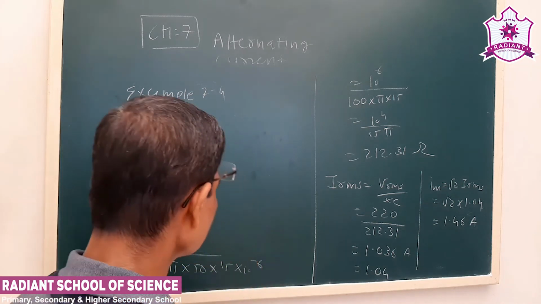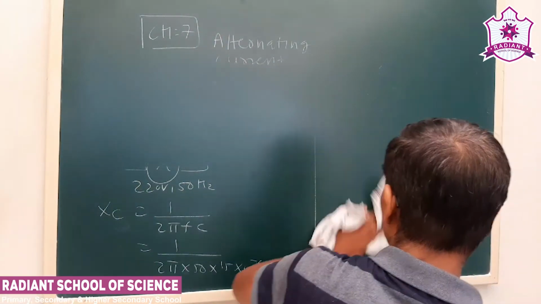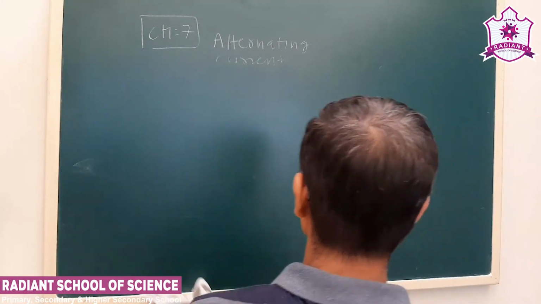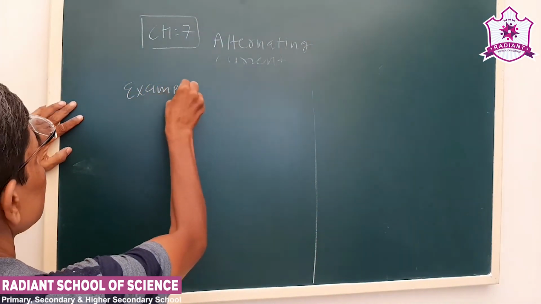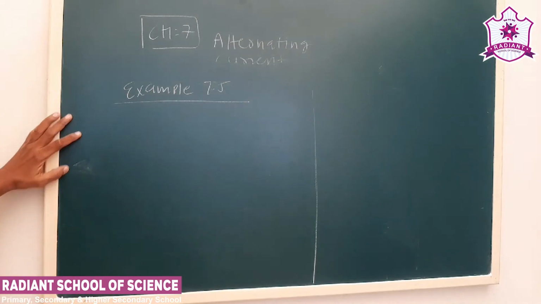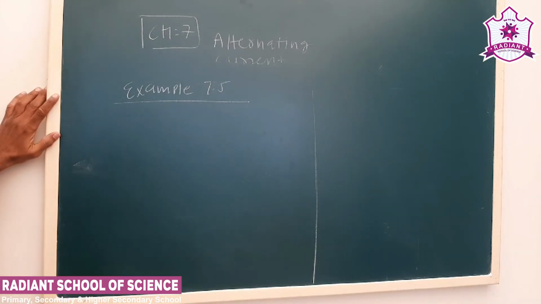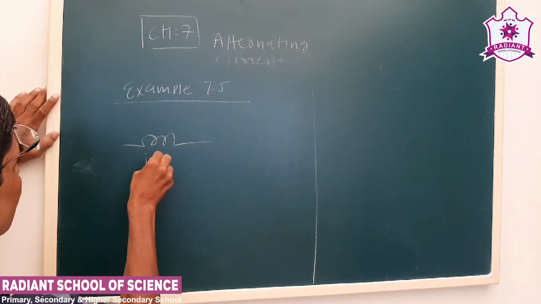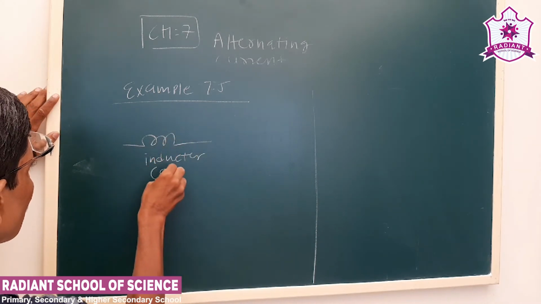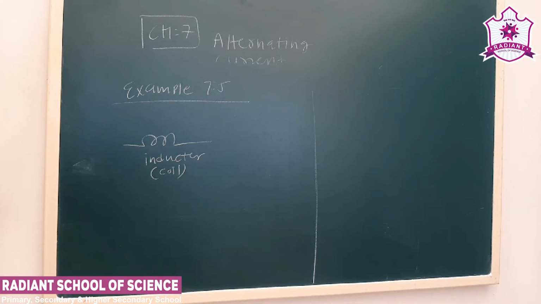Now see, our next example is example number 7.5. A bulb and an open coil inductor. The commercial name of the inductor is a coil. You might have seen a choke coil in our tube light earlier; nowadays there is an electronic choke also.